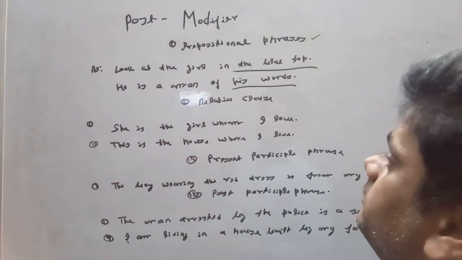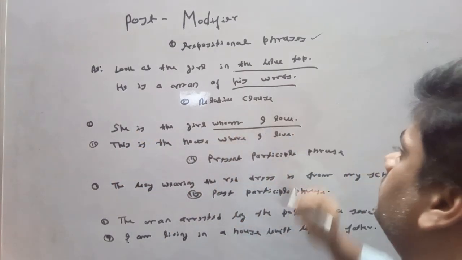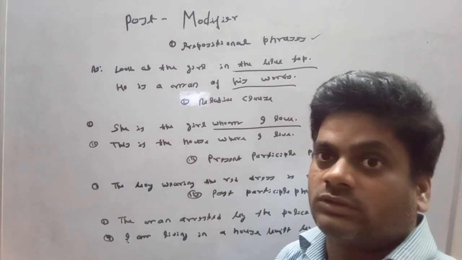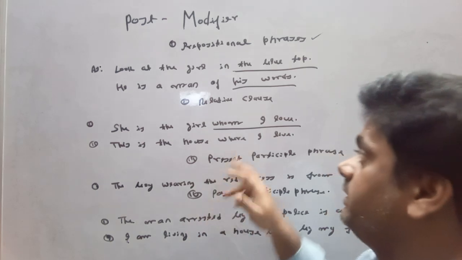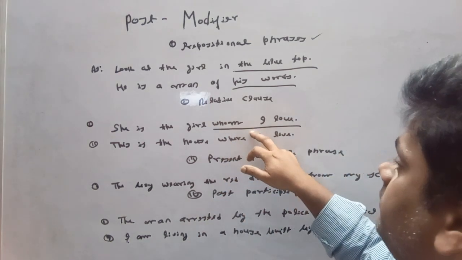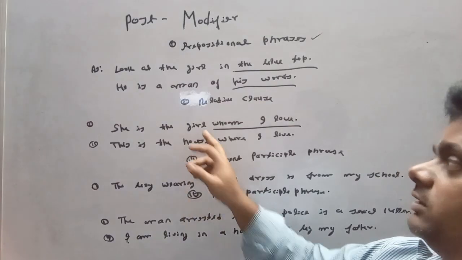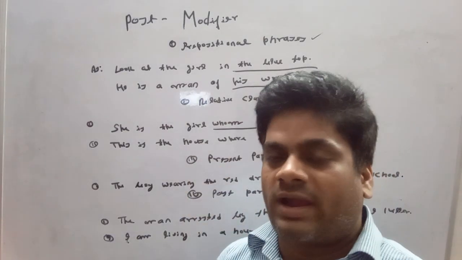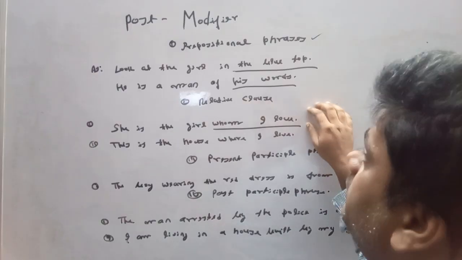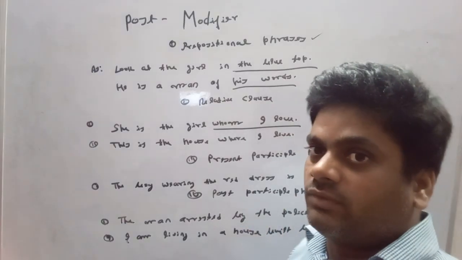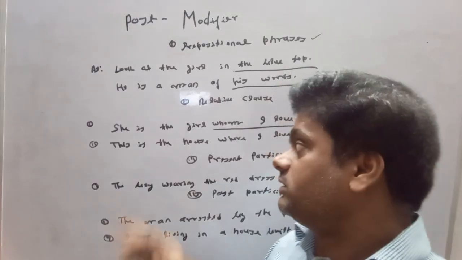She is the girl whom I love. Whom I love. The girl here is a noun, and this relative clause is modifying the girl. The girl gets extra information through this relative clause, whom I love.